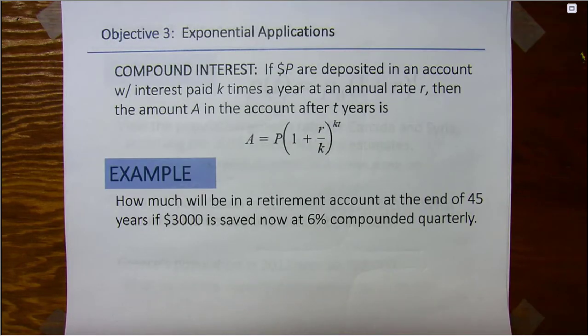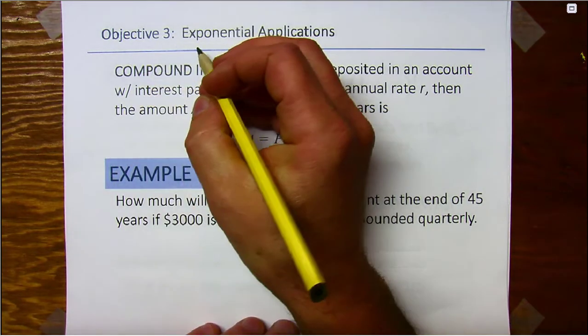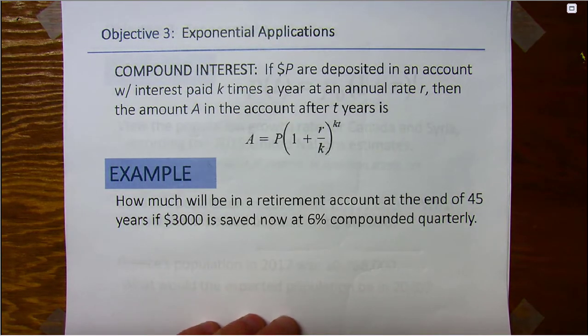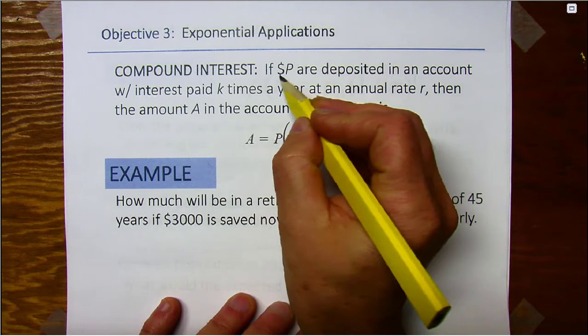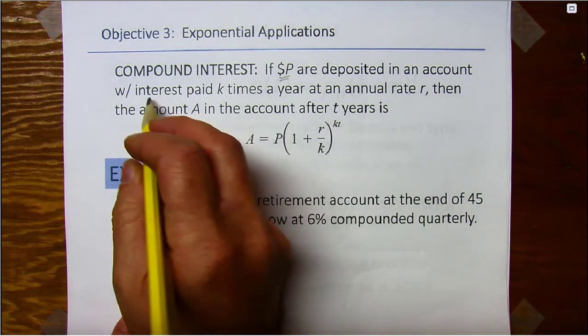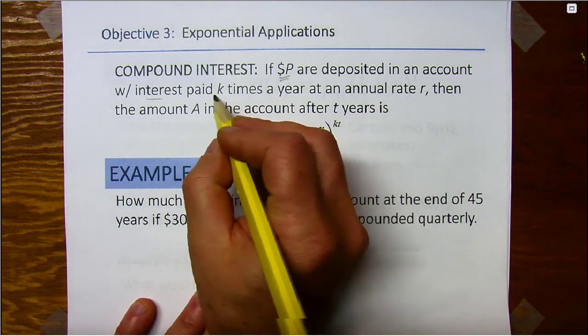Okay, the last thing we need to do is take a look at a few applications of exponential functions. One of the simplest examples is compound interest, which is exponential growth with money. If you put money into an investment or into an account with a fixed interest rate, it gets paid k times per year.